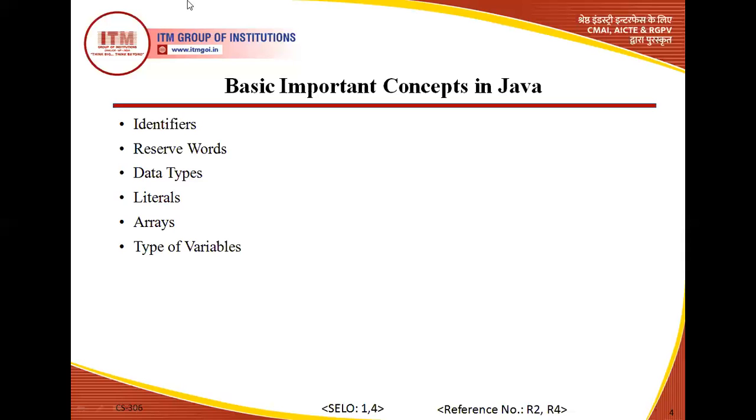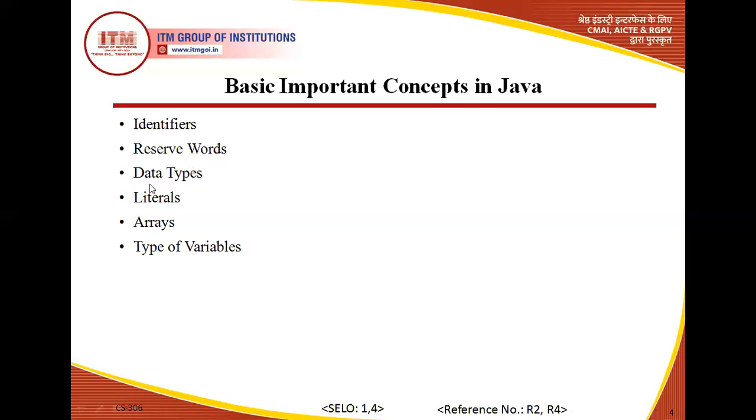These are the basic topics: first is identifiers, next reserved words, then data types, literals, arrays, and types of variables. As the names suggest, an identifier is something used to identify; reserved words are words reserved for some special purpose; data types means knowing the type of data.